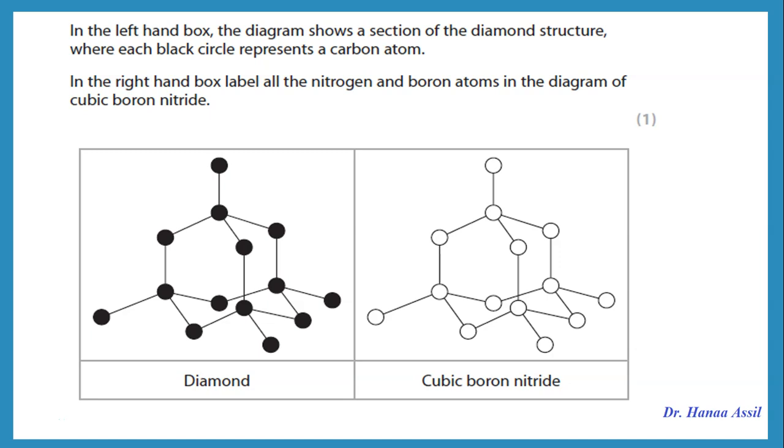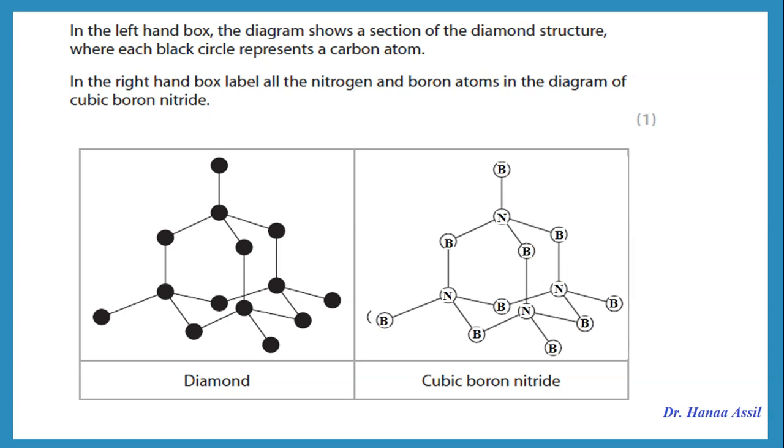Then in the right-hand box, label the nitrogen and boron atoms in the diagram of boron nitride. So we have boron with nitrogen. Instead of just having carbon-carbon atoms, we have boron with nitrogen. So of course, nitrogen is making 4 bonds, it would be a tetrahedral like this, with alternating boron, nitrogen, boron, nitrogen.